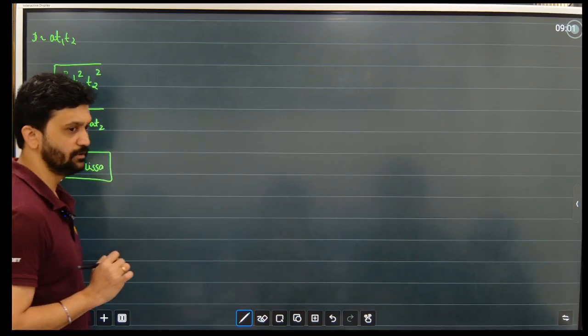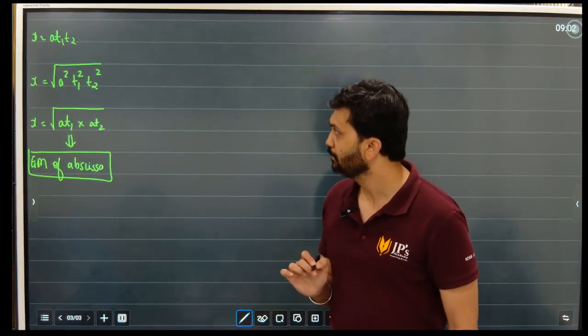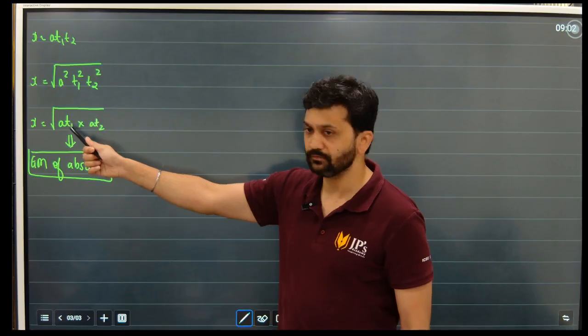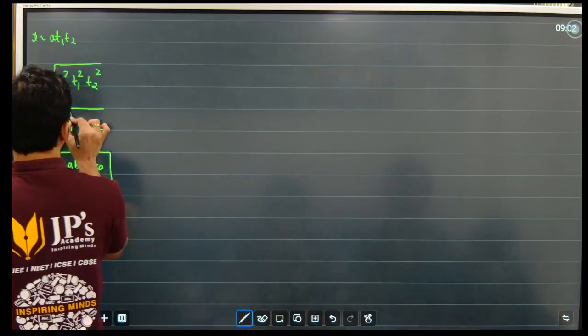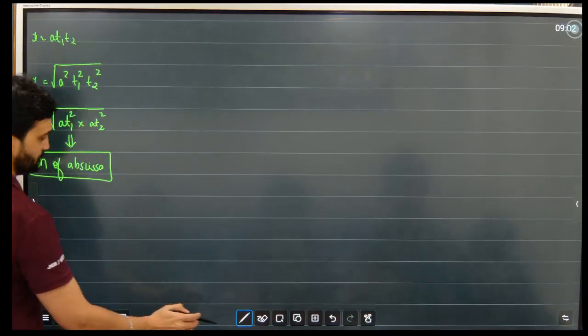So this is called the geometric mean of abscissa.